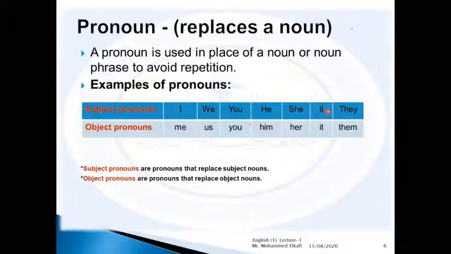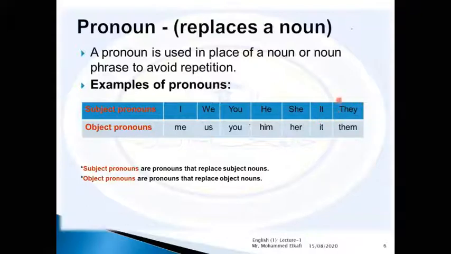The cat drinks milk. So here we can say it: it drinks milk, instead of saying the name of the animal, cat or dog or something.